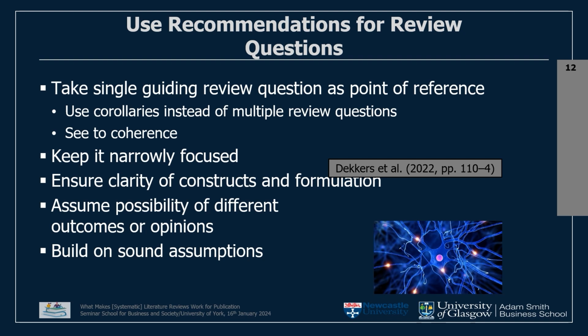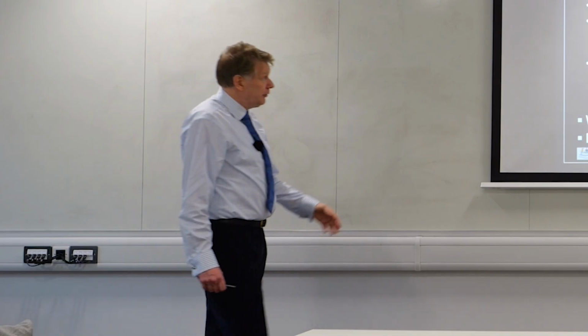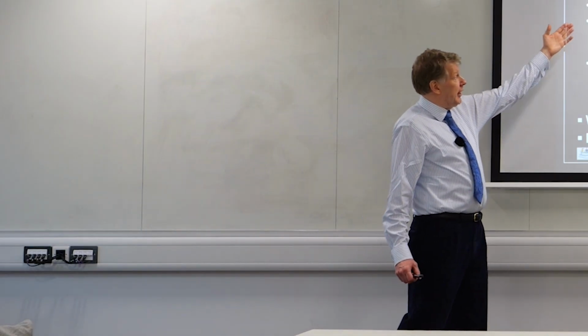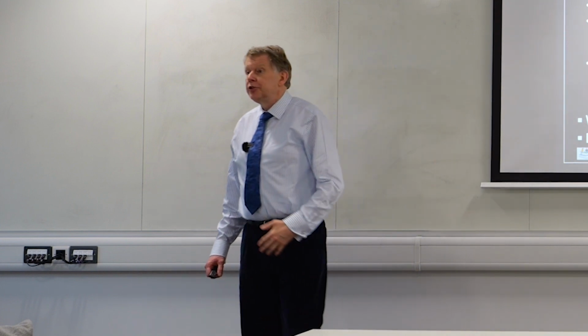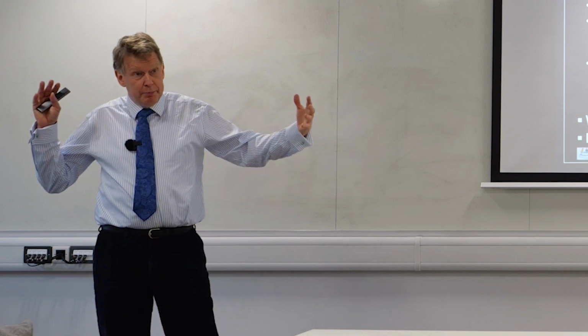You can also use standardized formats to inspire you. I'm not saying here that you have to use them exactly as they are, but in healthcare, you can imagine that. It's about population, intervention, outcome. So you want to know if a certain medicine or a vaccine works for certain groups or subcategories of human beings.